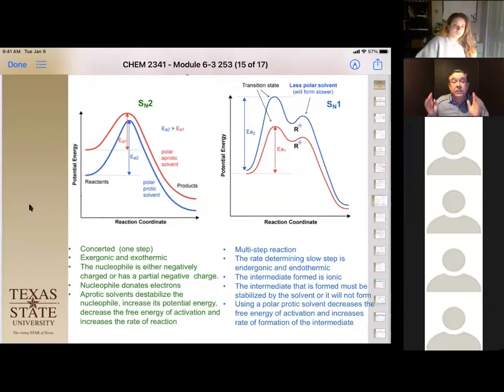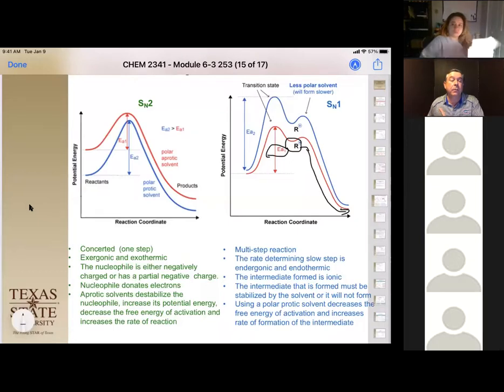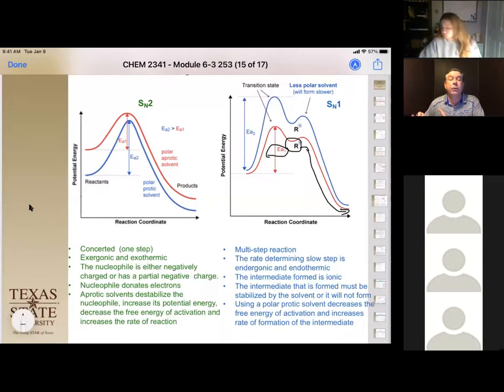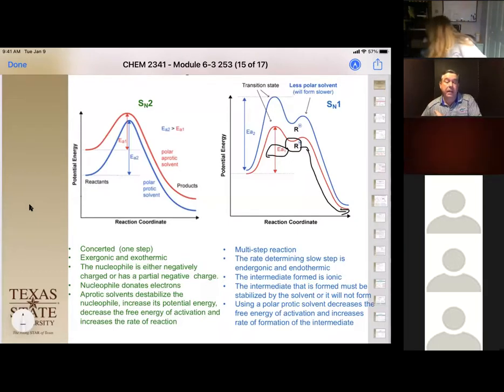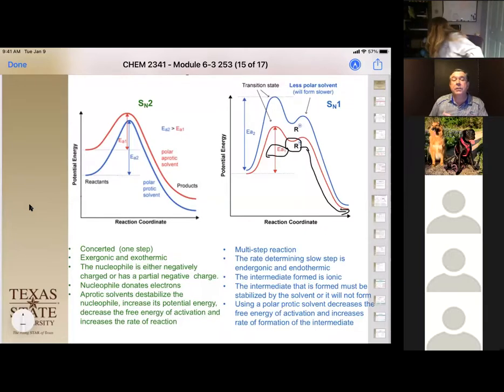That's the slow step because it's got the highest activation energy. So we have this activation energy that gives us our intermediate, and then that intermediate reacts. And in this case, it's reacting with a negatively charged ion, so we don't have that third step. If it reacts with a neutral molecule like water or methanol, we have to remove a proton, and there's a third step in the system. But in an Sn1, you'll have at least two humps because you have to form the carbocation intermediate.